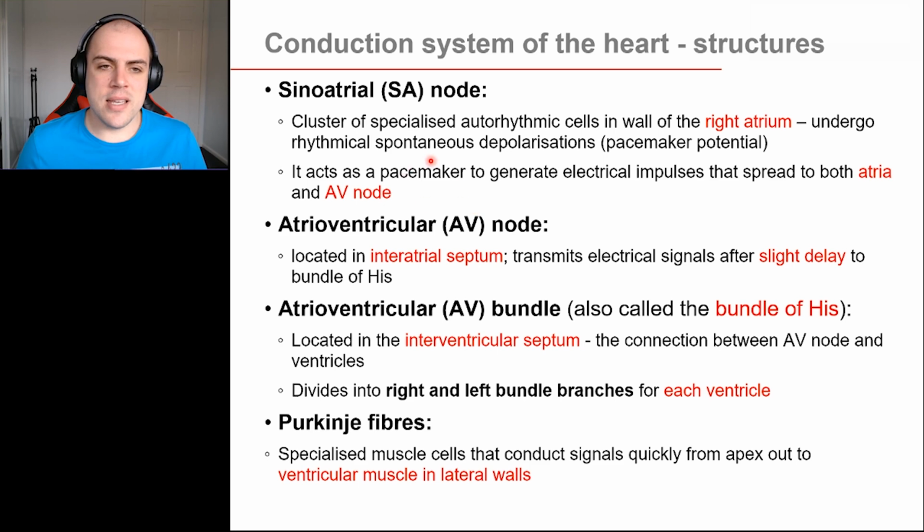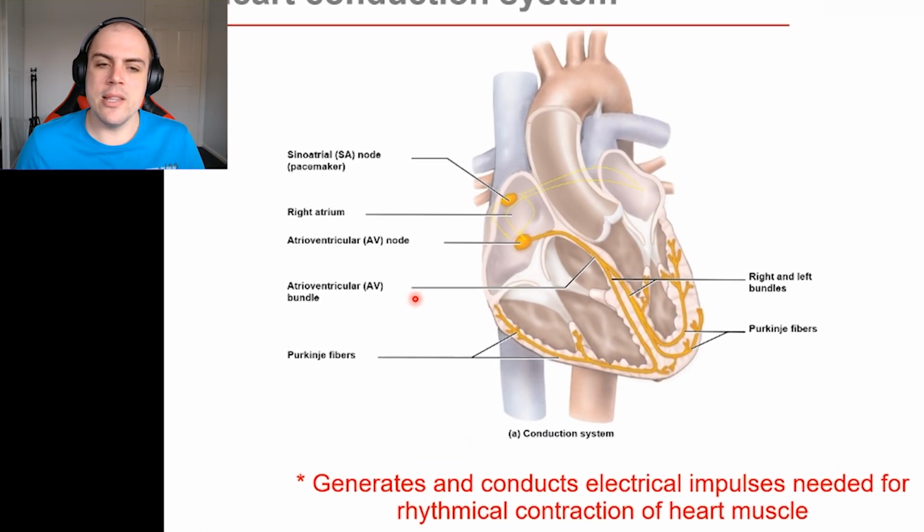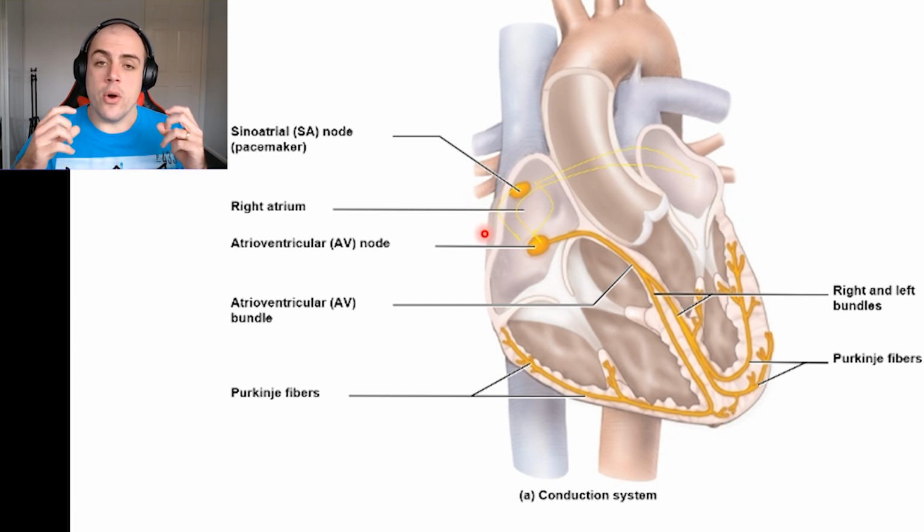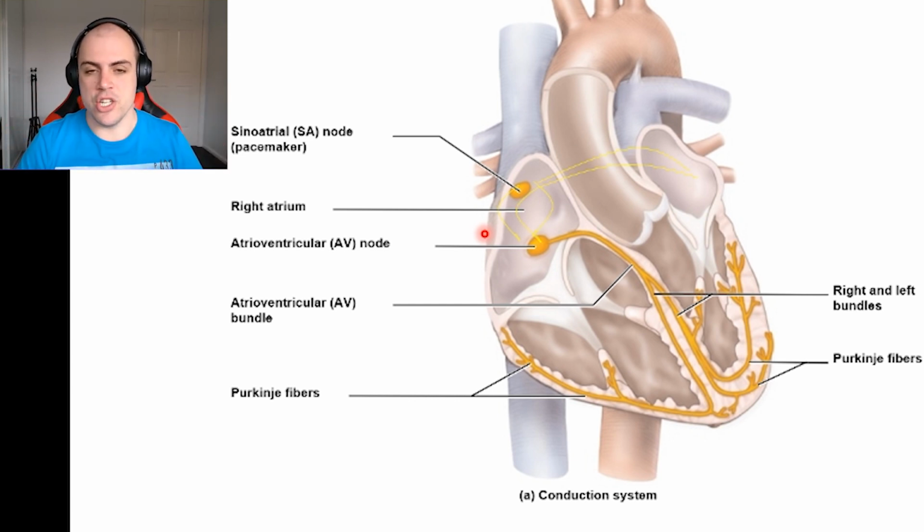Now, these can be a little bit tricky until we look at it in a diagram like this. So, we have our SA node. This is our primary pacemaker. And what that is going to do, as we saw in our previous video, is leak those sodium ions until it triggers an action potential.